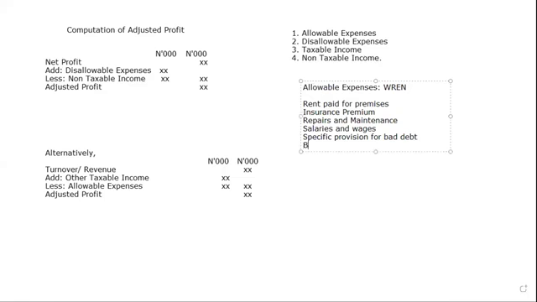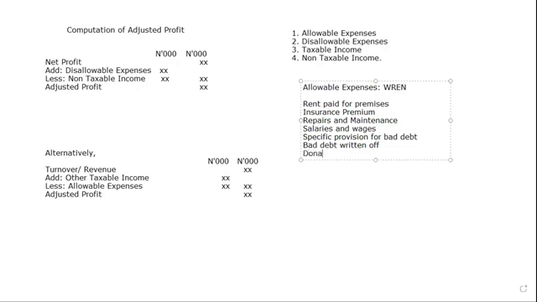Then bad debt written off. So those are examples of allowable expenses. Anything like renewal is disallowed. Any other item is inexhaustible anyway.